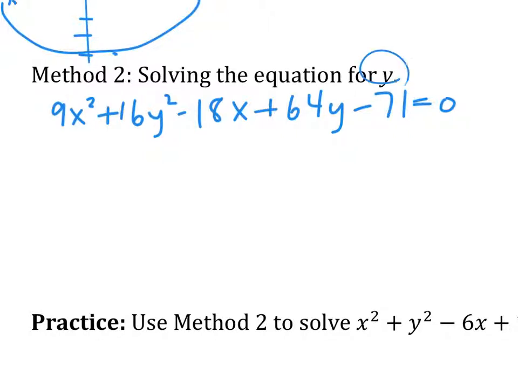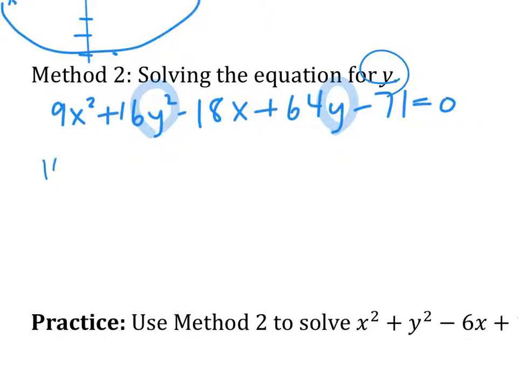We are trying to solve for y, correct? So everything that is y is a variable. Everything that is not a y, think of it as a constant. It just doesn't matter. So we're going to reorder this starting from y squared, and then y, and then everything else.